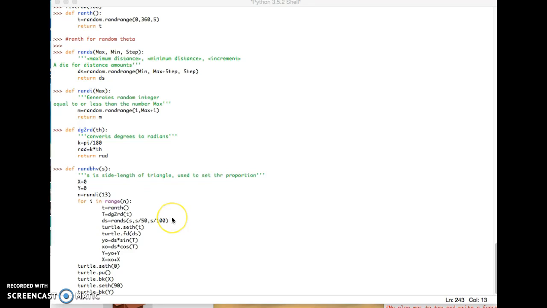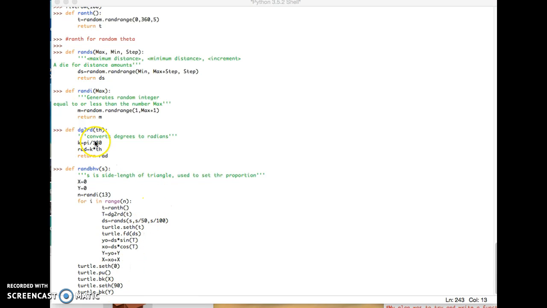And then do a random displacement, and then set the turtle to that random angle and walk it for that random distance, and then add it to the sum accumulator, and then this part returns it to the start. And I've been rushing through this in the interest of saving time, but I'll give you more detailed notes in the document.